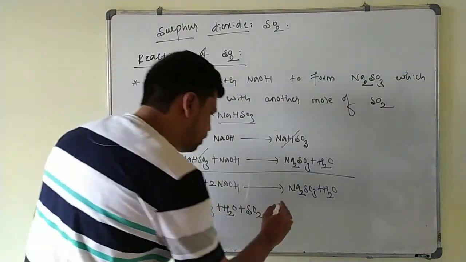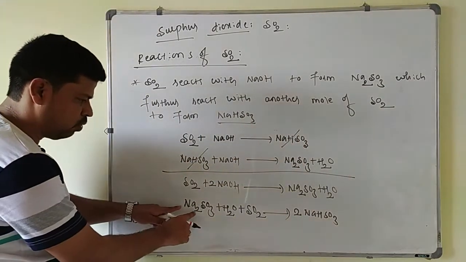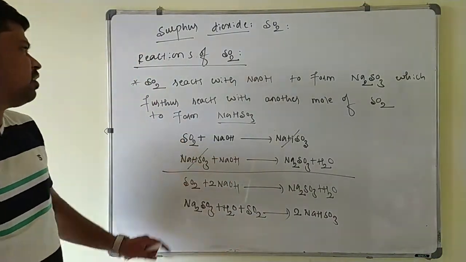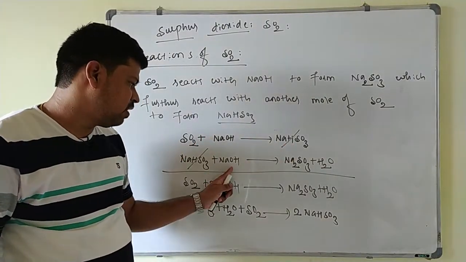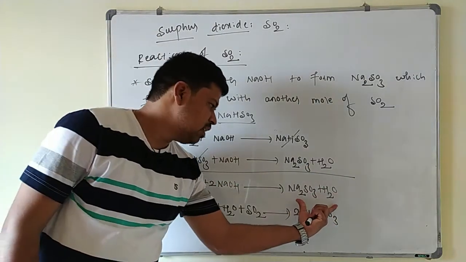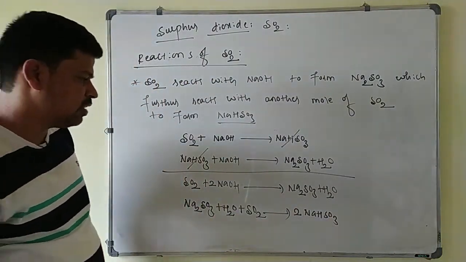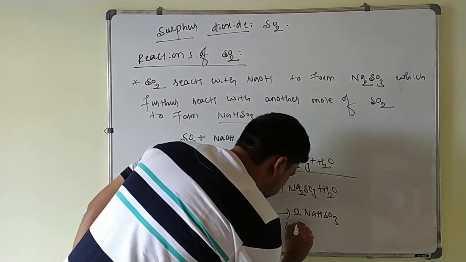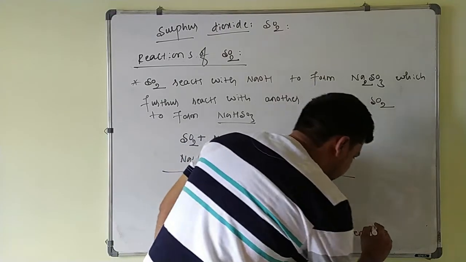SO2 here to form 2 times of NaHSO3. Okay, so this is what the reaction of SO2 with the NaOH. Very simple reaction. First NaHSO3 is formed, again it will react with the NaOH to form sodium sulfite. First sodium sulfite is formed along with 1 mole of water. Again these two will combine with what? 1 more mole of SO2 to form what? 2 times of NaHSO3. This is nothing but sodium hydrogen sulfite, and this is sodium sulfite here.